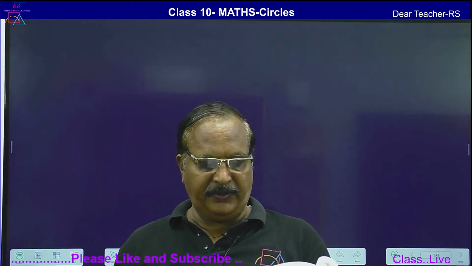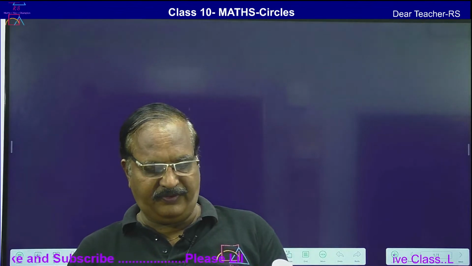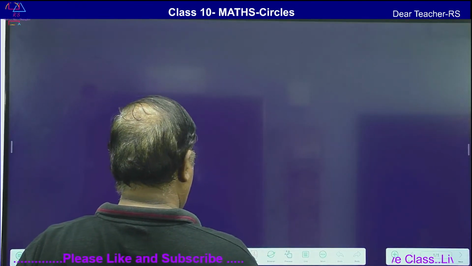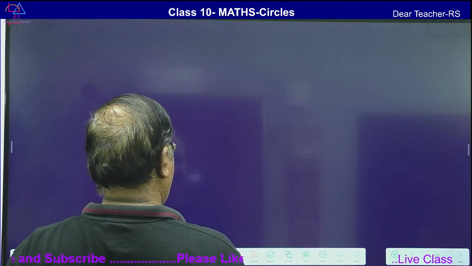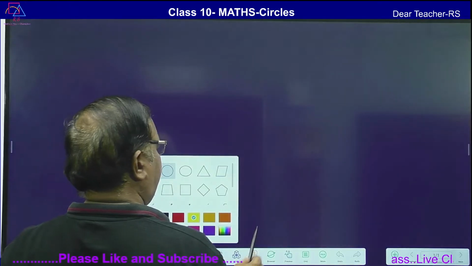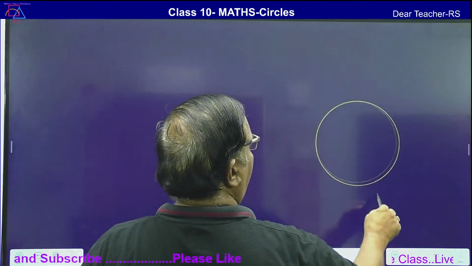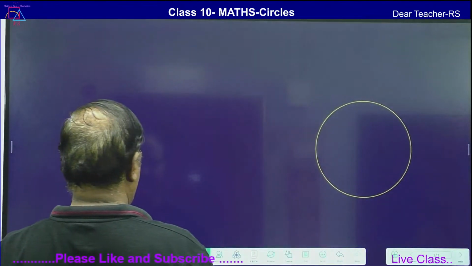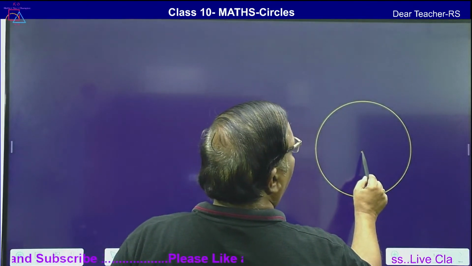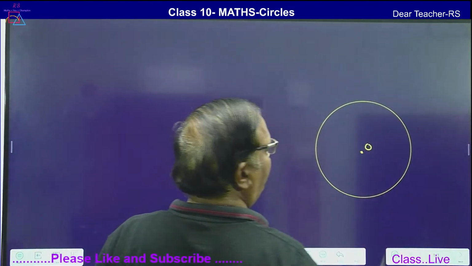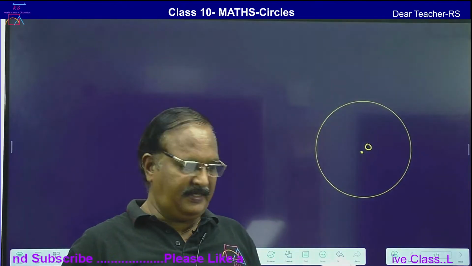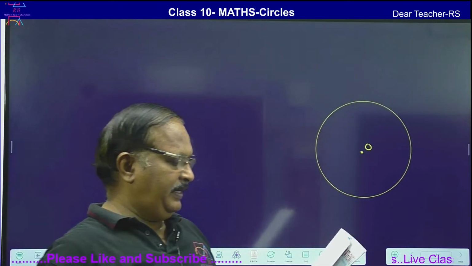From the point Q, the length of the tangent is 24 and the distance of Q from the center is 25, and so on. So let me take a circle. This is a circle, center O. Maybe my center is not exactly in the middle.